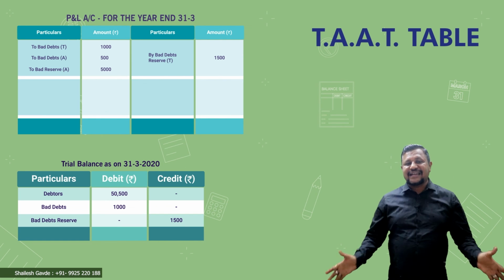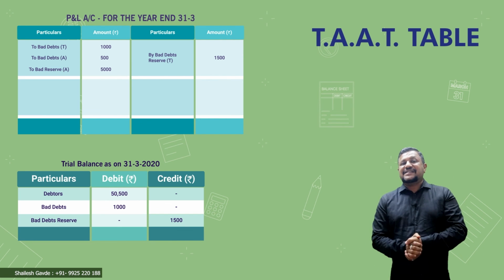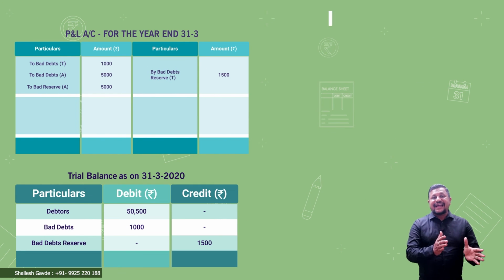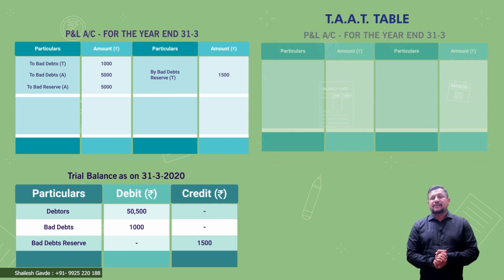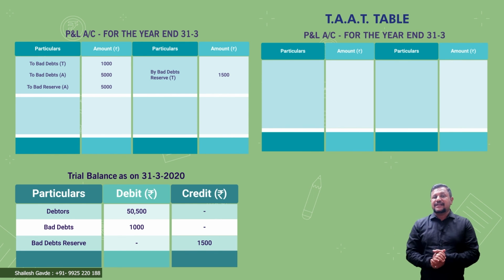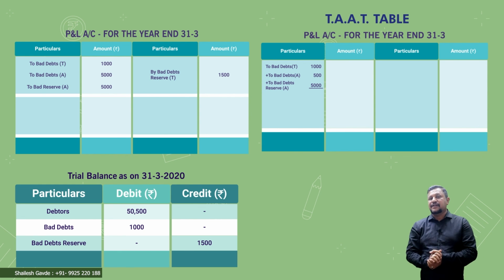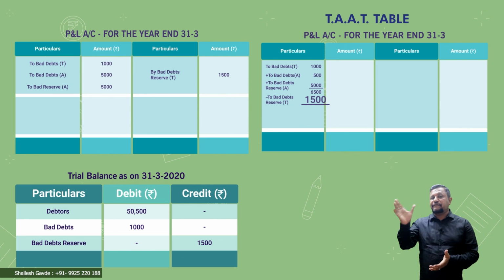T-A-A-T table. TAT table. Well, if we understand this TAT table, if we prepare TAT table with the same numerical, in profit and loss account debit side, to bad debts, trial balance 1000, plus bad debts adjustment 500, plus bad debts reserve adjustment 5000, total comes to 6500, minus bad debts reserve trial balance 1500.